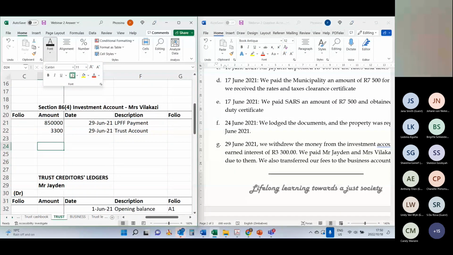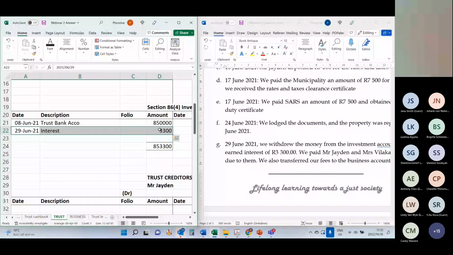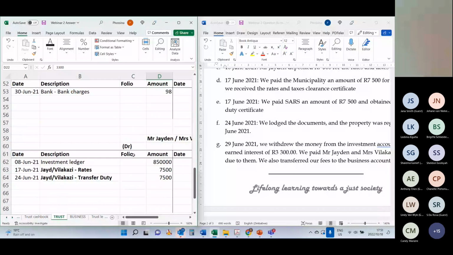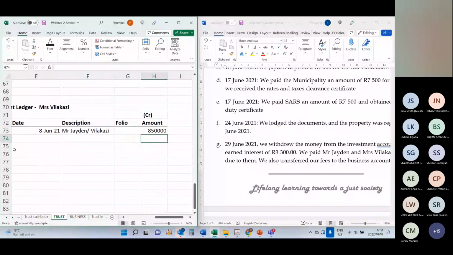So what I've done is one leg of the transactions. I've recorded one side. Let's start with the interest. 3300 is what was earned, but our client is not going to receive 3,300. So on the client ledger, not the investment ledger, what belongs to the client is 95%.